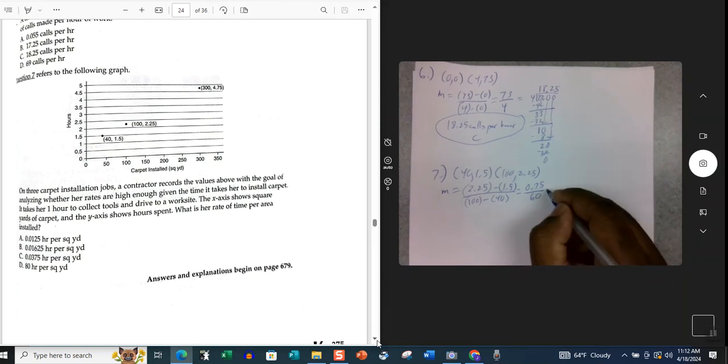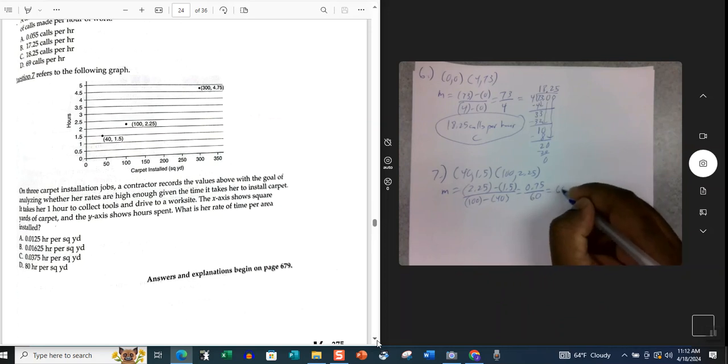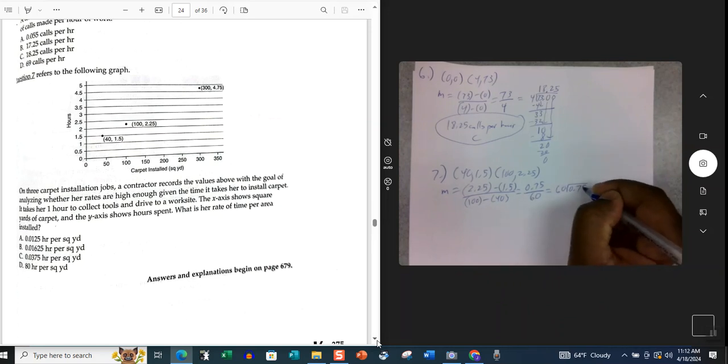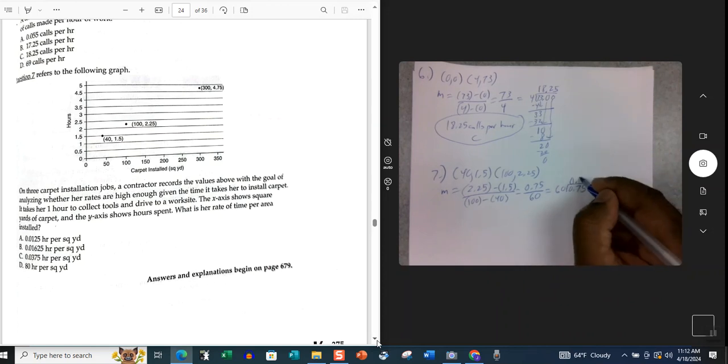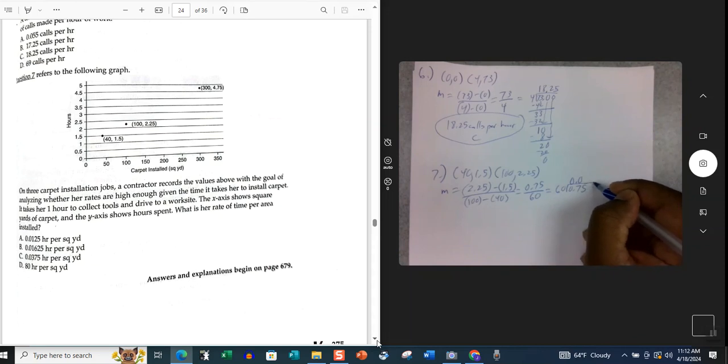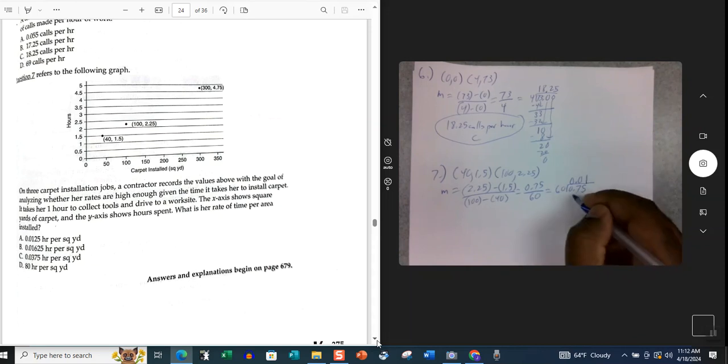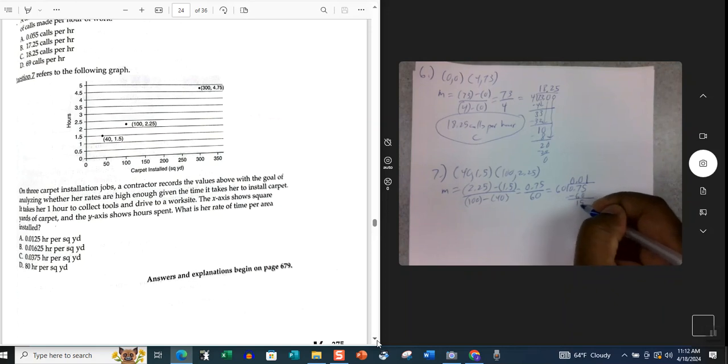Now, we could divide this out. We add 60 into 0.75. We'll bring up our decimal. 60 goes into 0, 0 times. 60 goes into 7, 0 times. 60 goes into 75 once. 75 minus 60 is 15. Add a 0 here. 60 goes into 150 twice. 2 times 60 is 120. 150 minus 120 is 30.